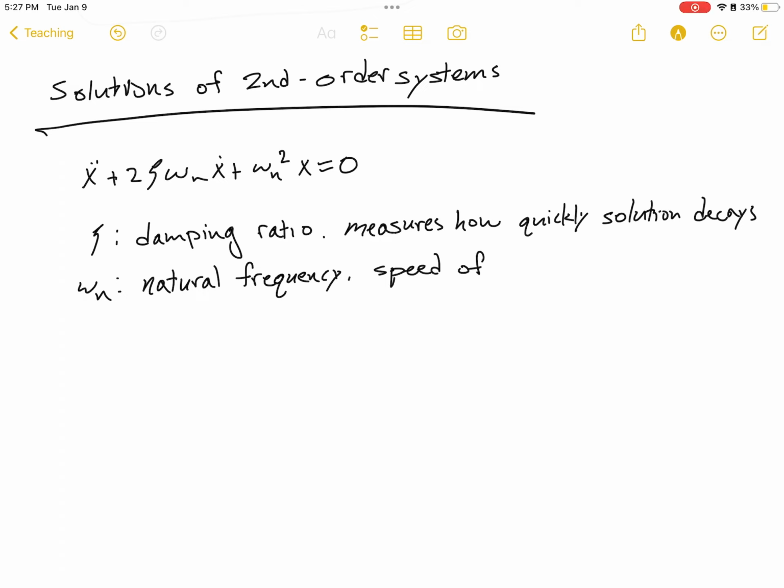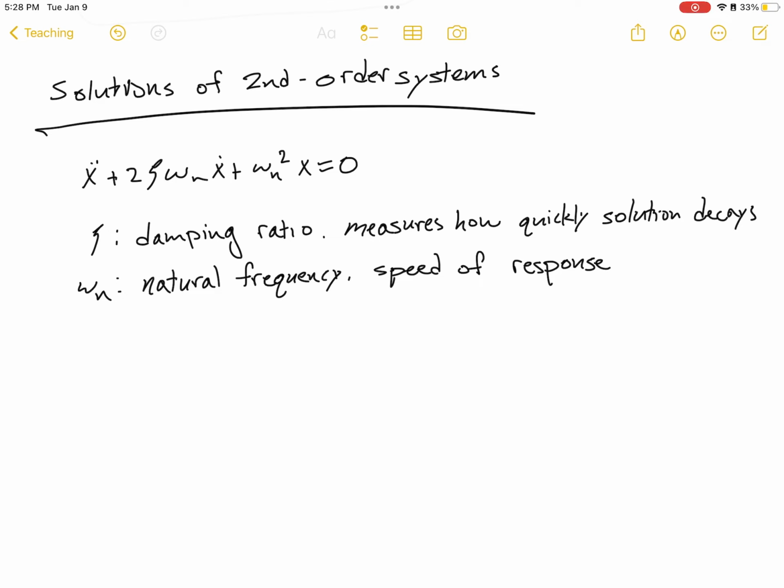It's a frequency. It tells us how quickly the system is maybe going to oscillate, or maybe come to zero, or come to some steady state solution if there's no oscillation.